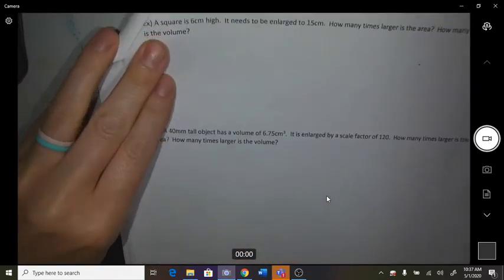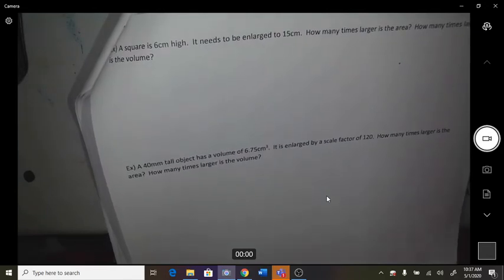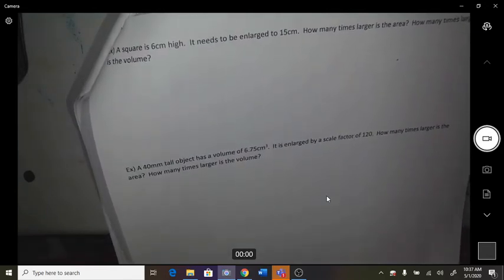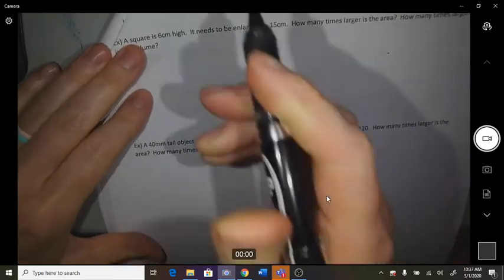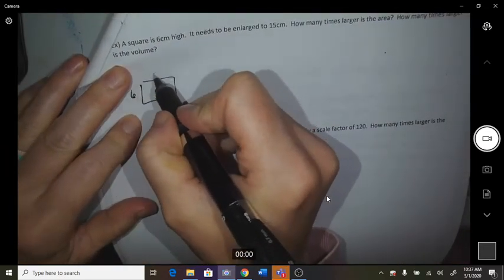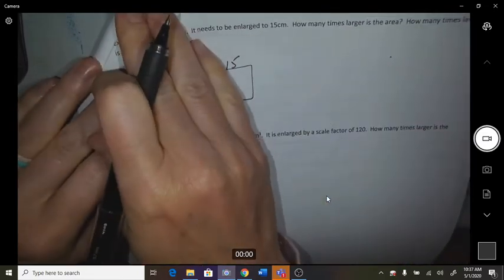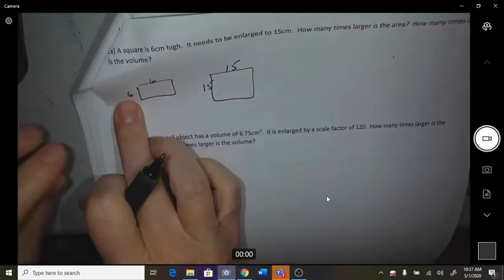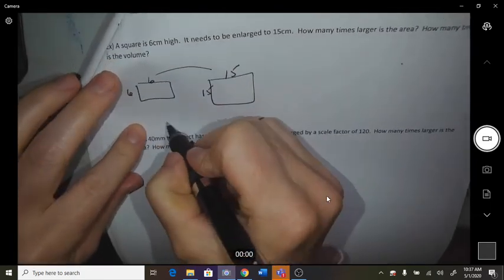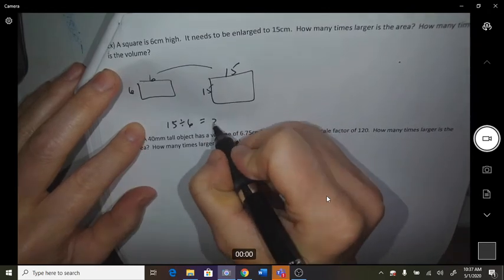Okay, a square is 6 centimeters high. It needs to be enlarged to 15. So the square is 6 by 6. It needs to be enlarged to 15 by 15. So what is the scale factor? So 15 divided by 6 is 2.5.